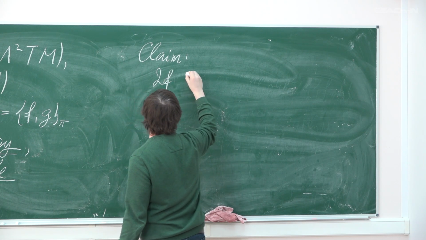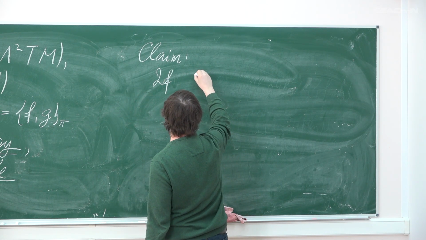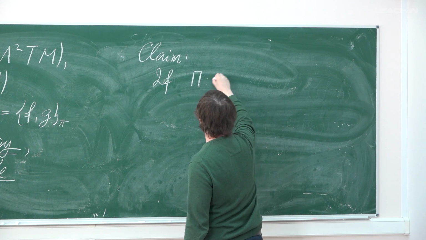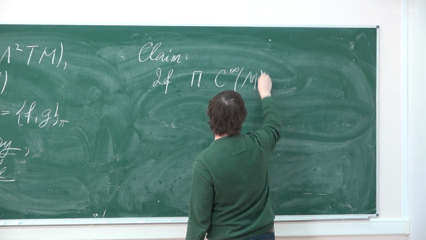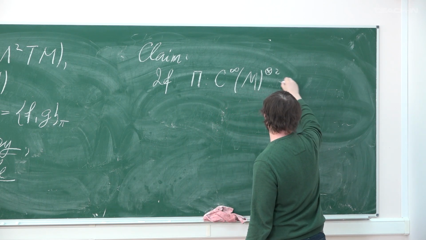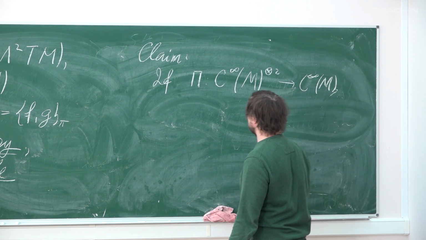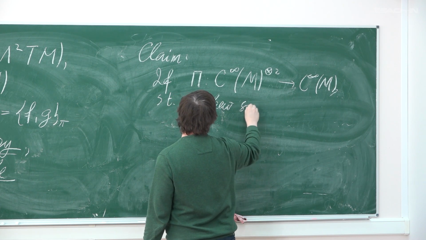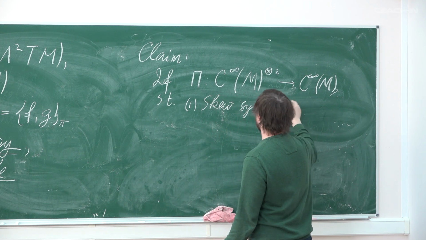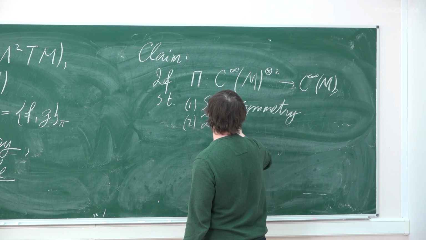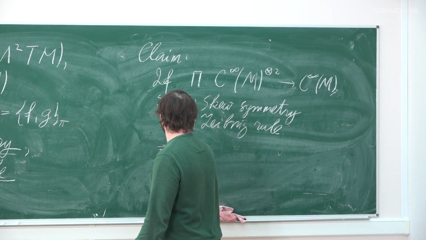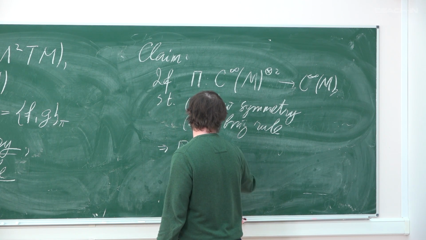If we have a bilinear map, let me denote it by pi, a map from C infinity of M tensor square to C infinity of M, which verifies first skew symmetry and second the Leibniz rule, then pi is equal to the bracket with respect to pi.